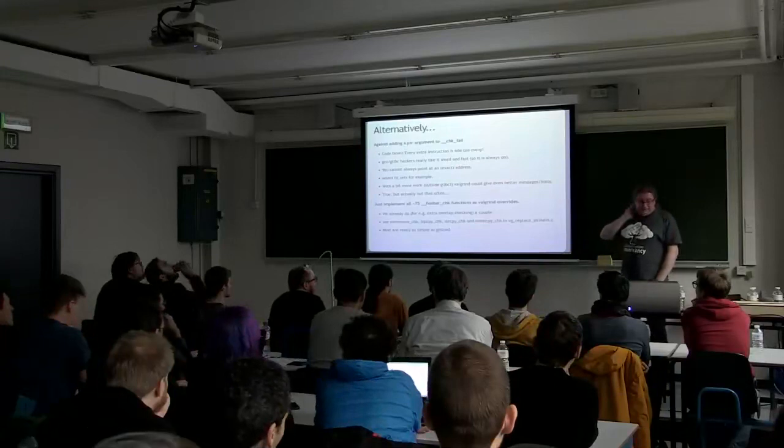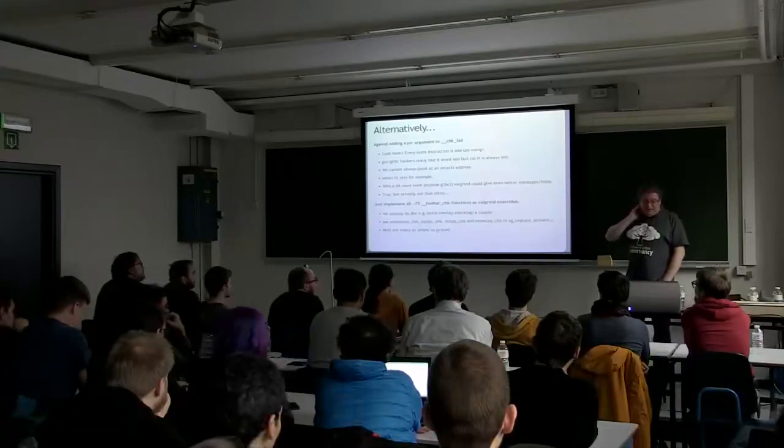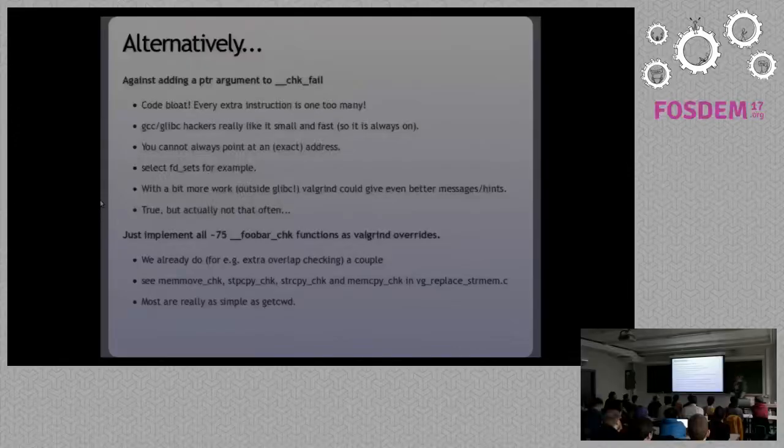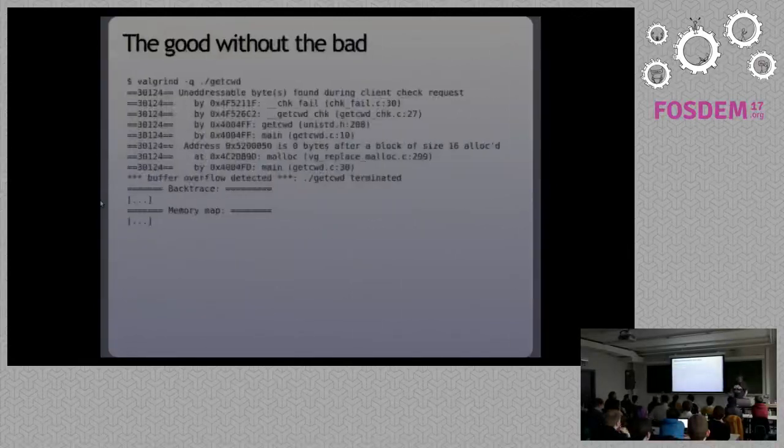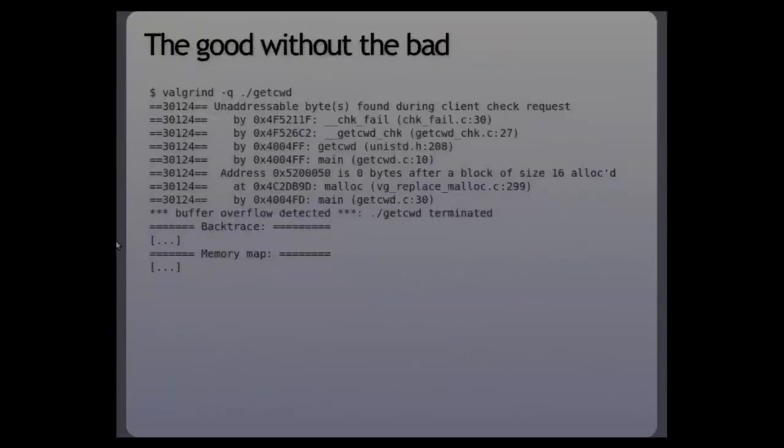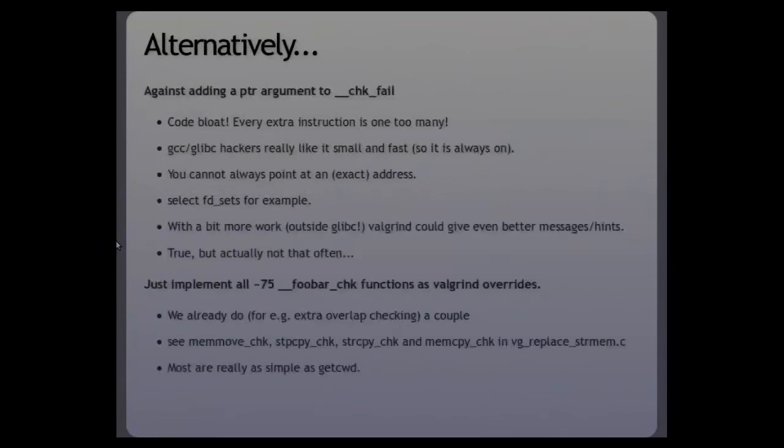Anyway, this is actually a good point. Valgrind could give even better message hints. That is true, because here you see that, well, it's an address of bytes found during client check request. Yeah, we could do better, and sometimes we do.